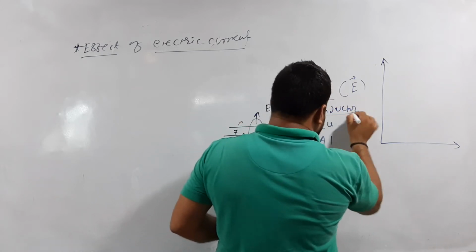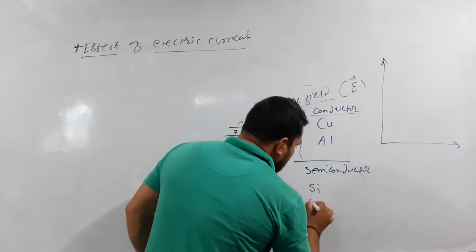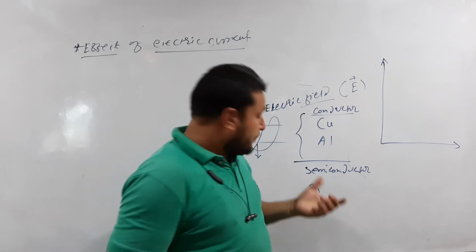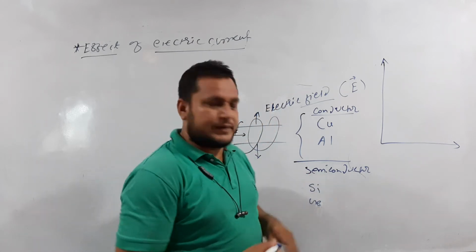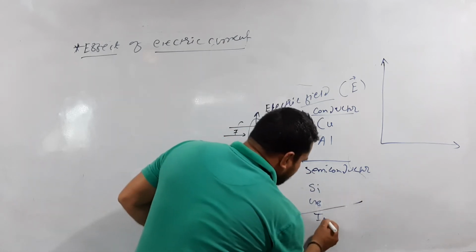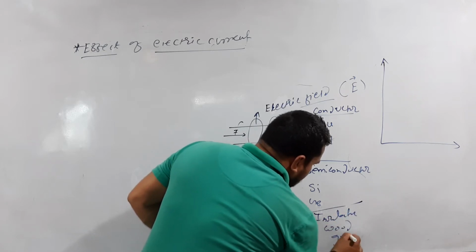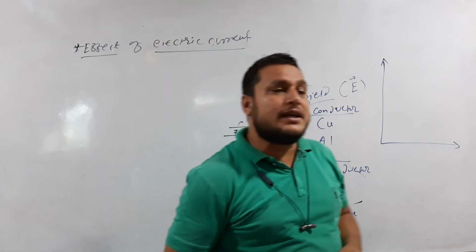These are conductors, and semiconductor means silicon or germanium. These are the two pure semiconductors. Now third is insulator. It may be wood, glass, plastic, or rubber.